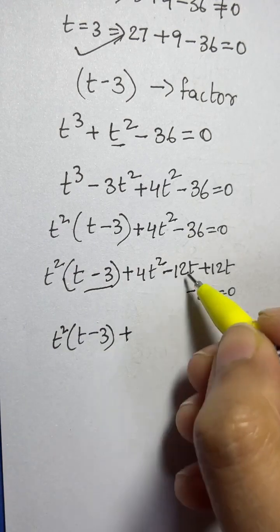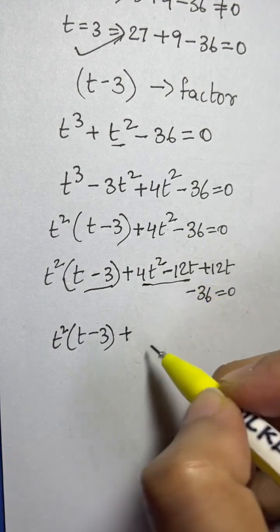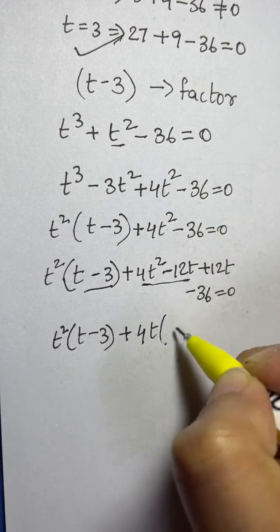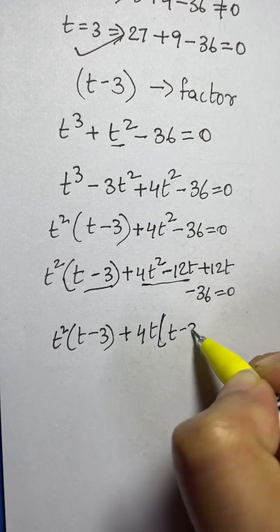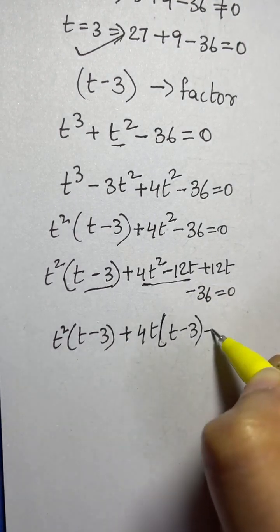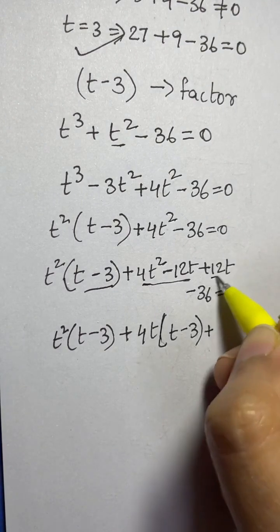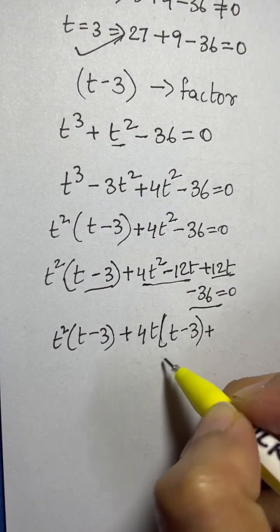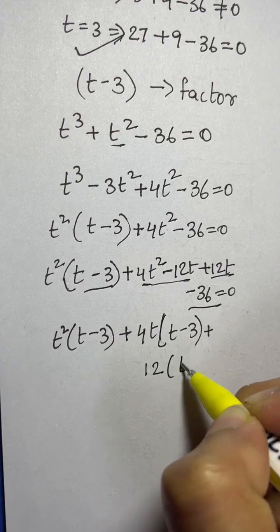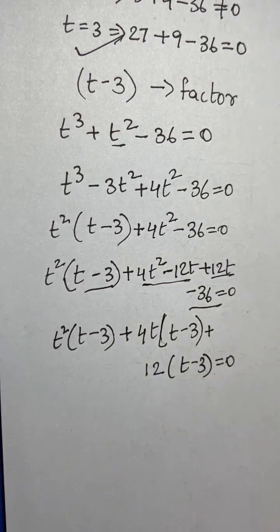Here you can take out 4t common from these two, so you're left with 4t times (t minus 3), and from the last two you can take out 12 common, so you have plus 12 times (t minus 3) equals 0.